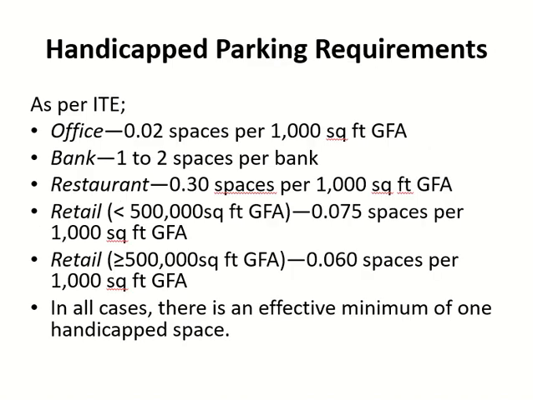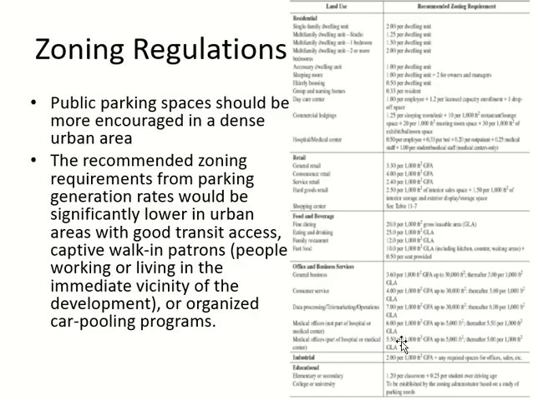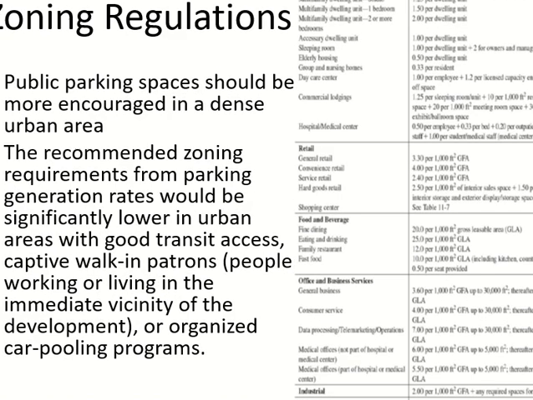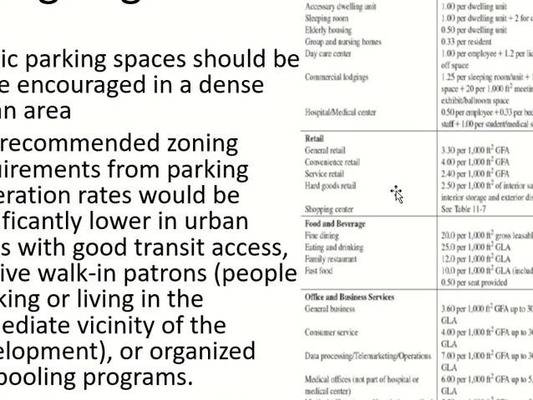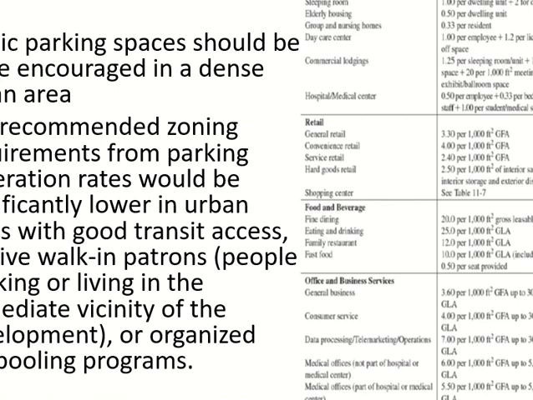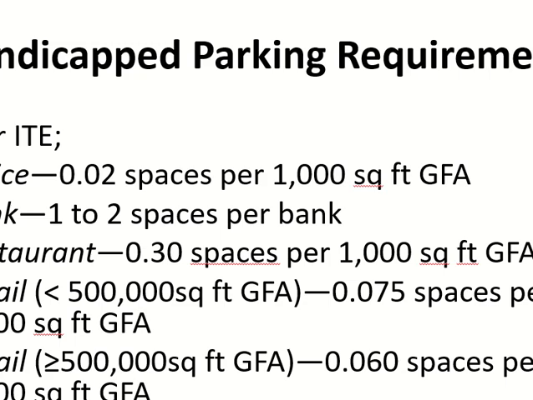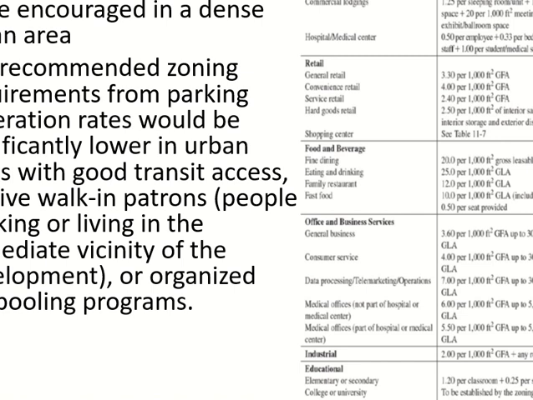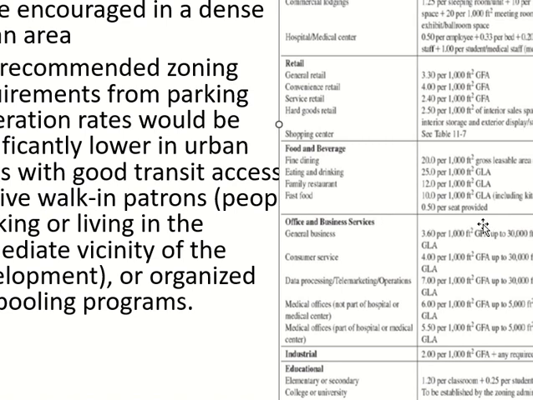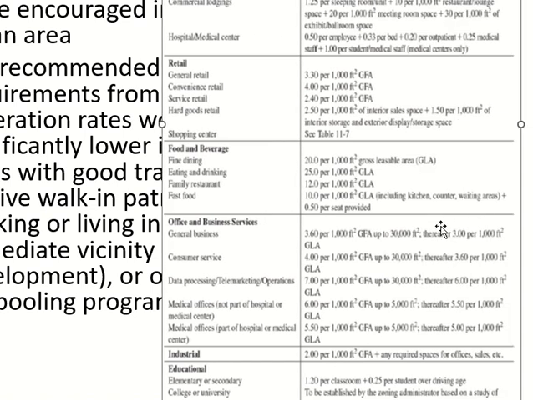Okay, so now let us look at what will happen if I apply the zoning regulations. I zoom in, then you can see that general office building is here, and my area is 50,000 square feet. This is the requirement then.